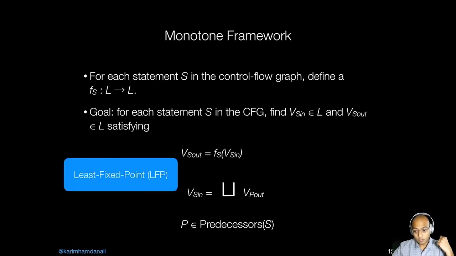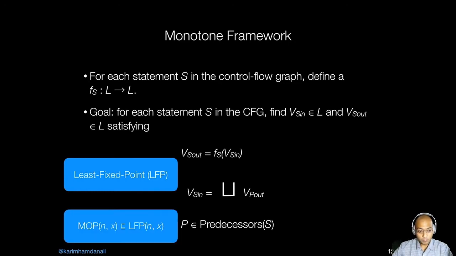This solution that we're aiming to compute is called the least fixed point solution, or the LFP solution, which is the solution that has the highest precision. And this is what we're going to be aiming for.